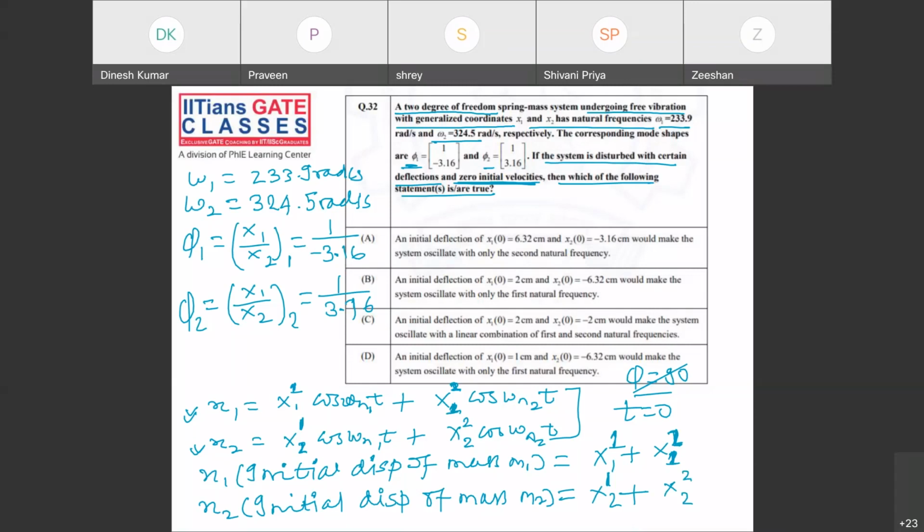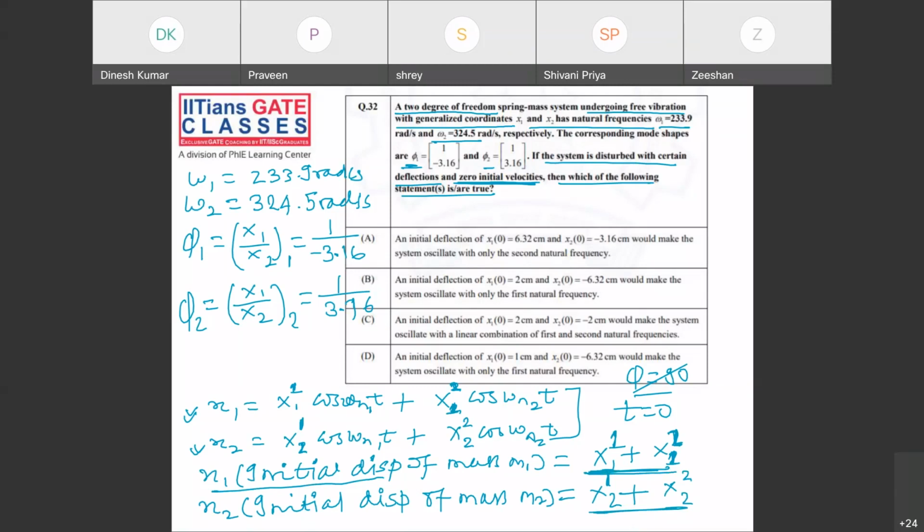So guys, always in 2 degrees of freedom, what all you have to remember? You have to remember these equations also. This equation says your initial displacement of mass m1 is always equal to x11 plus x12, and in the same way x21 plus x22. What is x11?